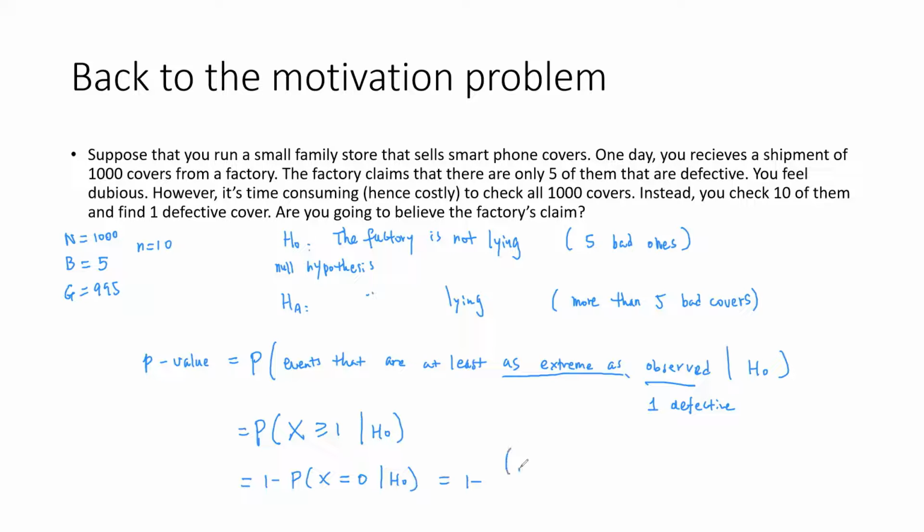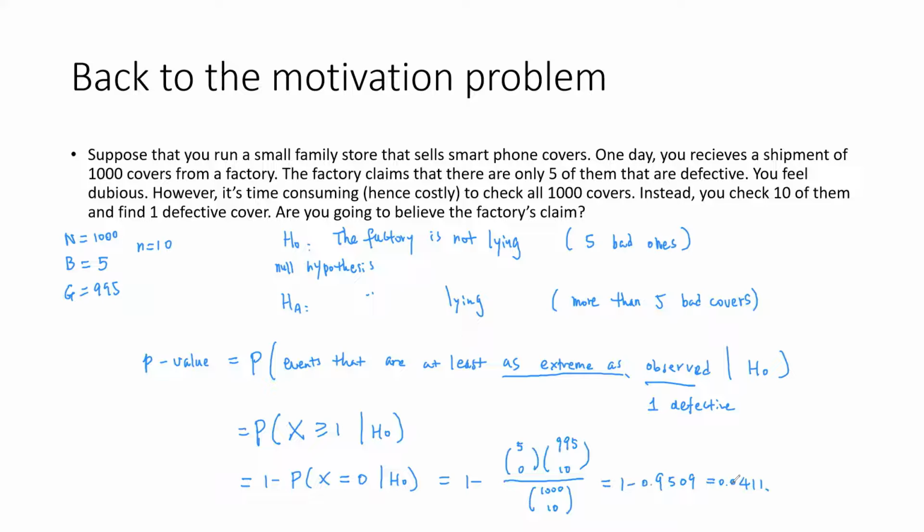So you're going to select 0 from the bad ones, totally of 5, and then you are selecting 10 from all the good ones. So that's the numerator. And the denominator, 1000 choose 10. Okay. We calculated it. It's 1 minus 0.9509, and then we get 0.0411. So now the question is, is this probability small or not?